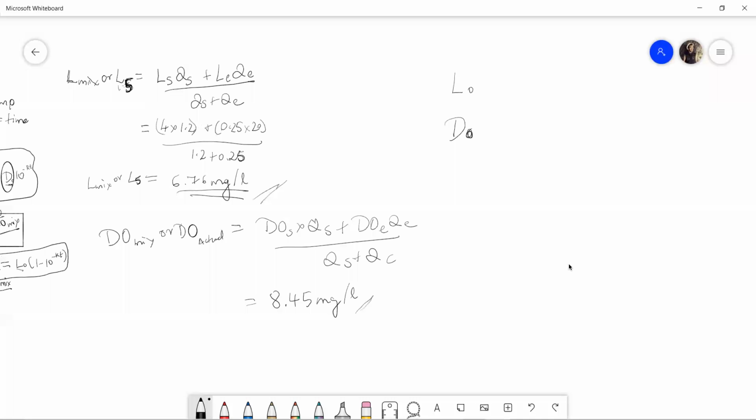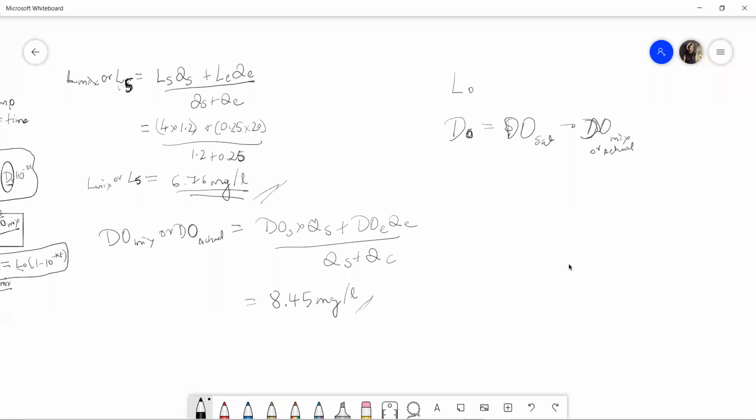I have explained this in the starting class. The deficit is the difference between saturation DO minus DO actual or DO mix. Both are the same.